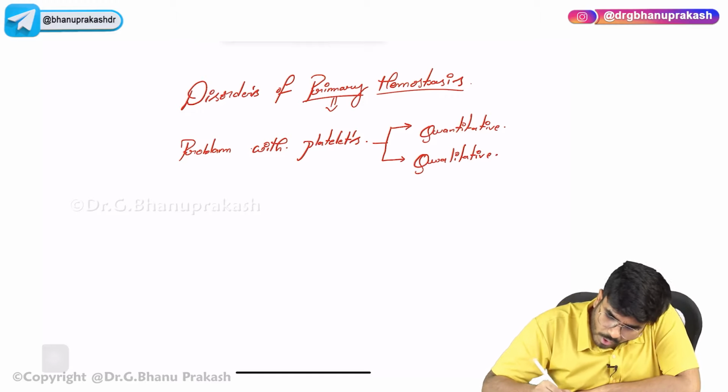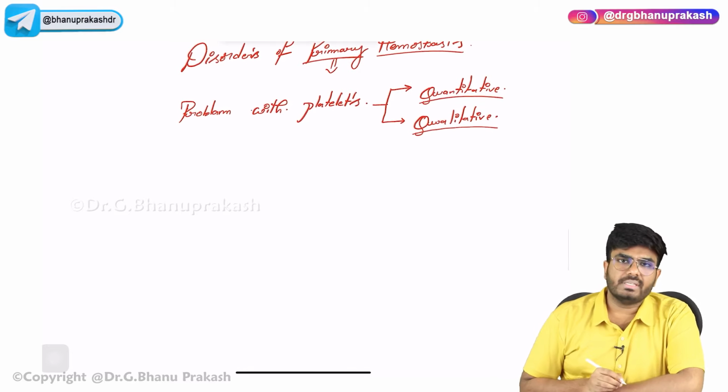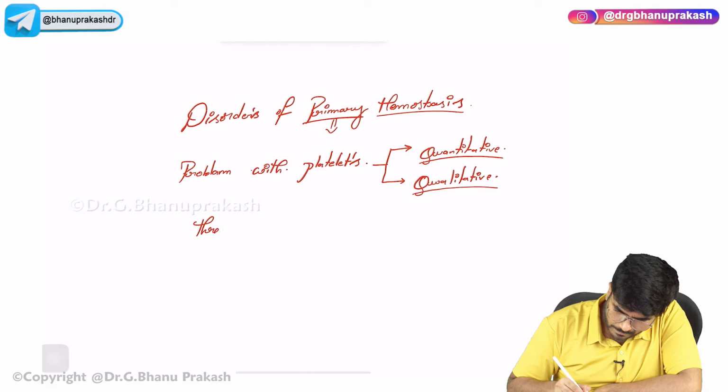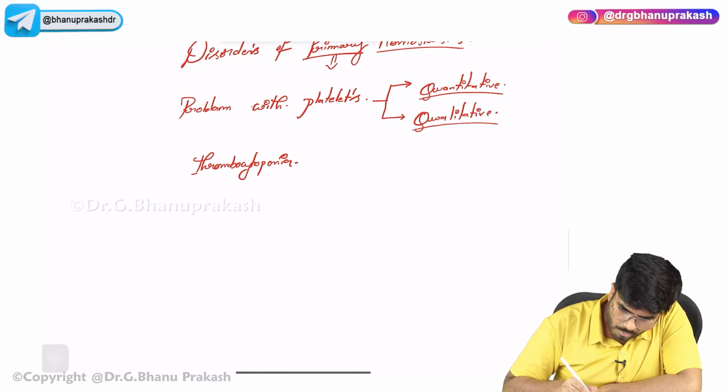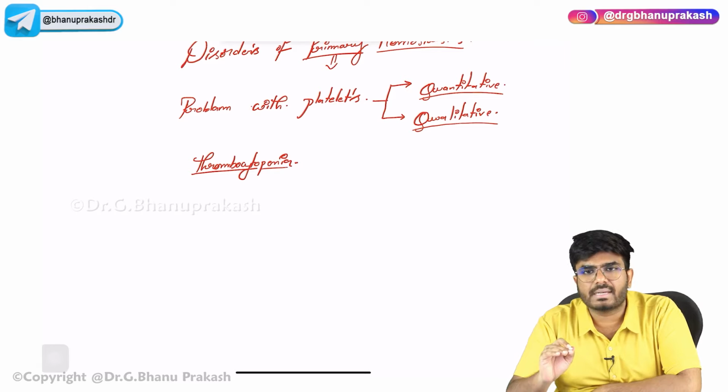So what are these quantitative defects, if you ask me? The quantitative problem here is thrombocytopenia. The name itself: thrombocytes, and penia means getting less. Platelets are getting lesser and lesser.